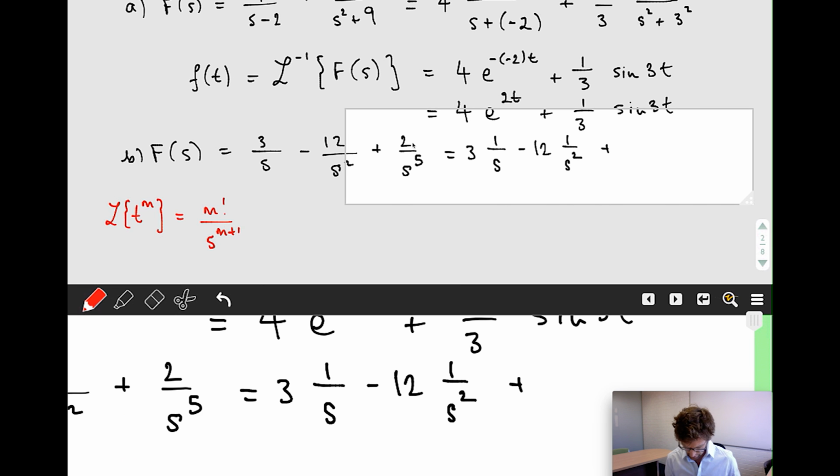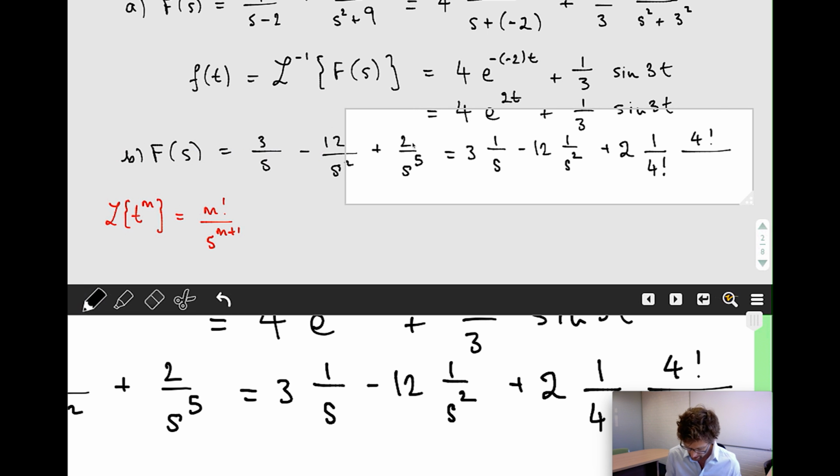We've got a factor of 2 that I have to keep. I'm going to multiply and divide by a factor of 4 factorial, so 1 over 4 factorial times 4 factorial over, and I'm going to rewrite s to the power of 5 as s to the power of 4 plus 1.